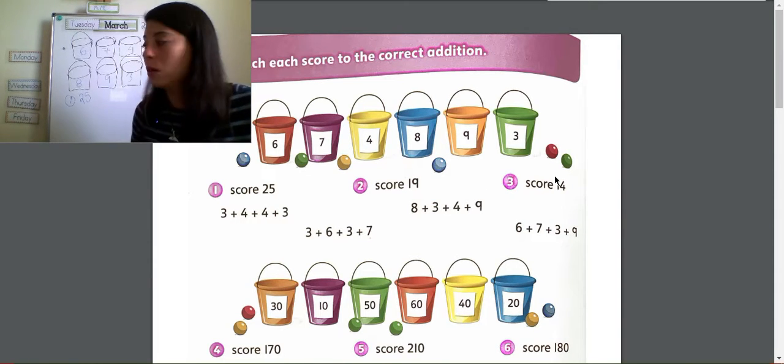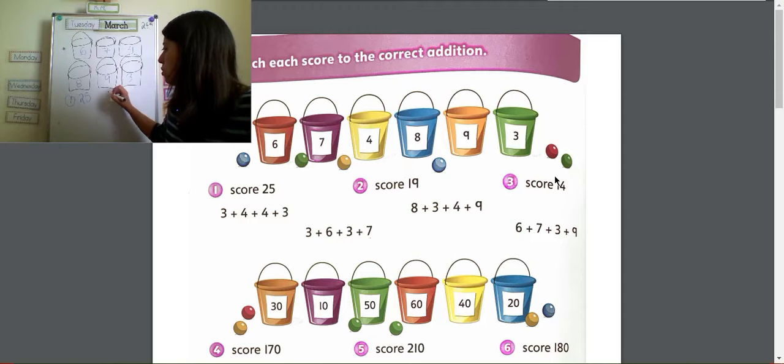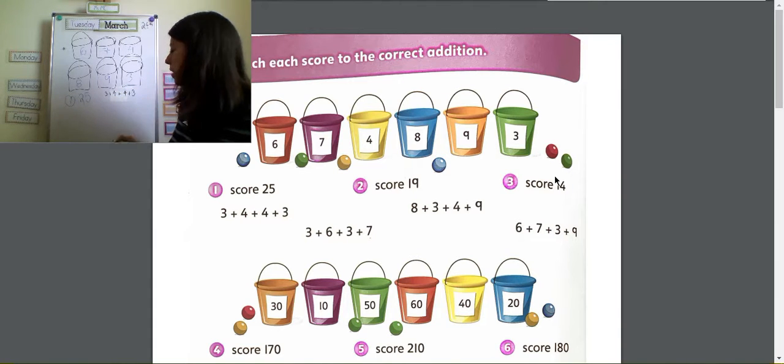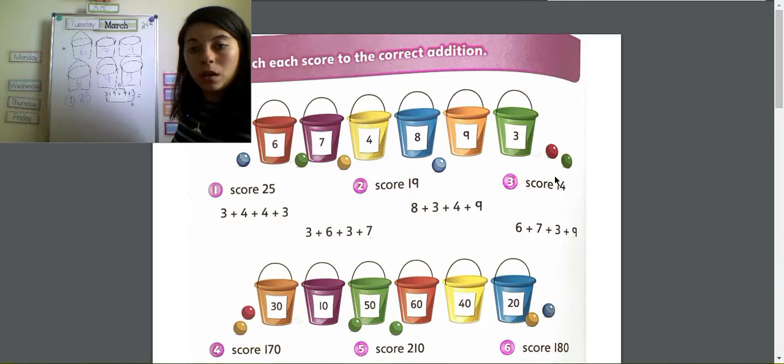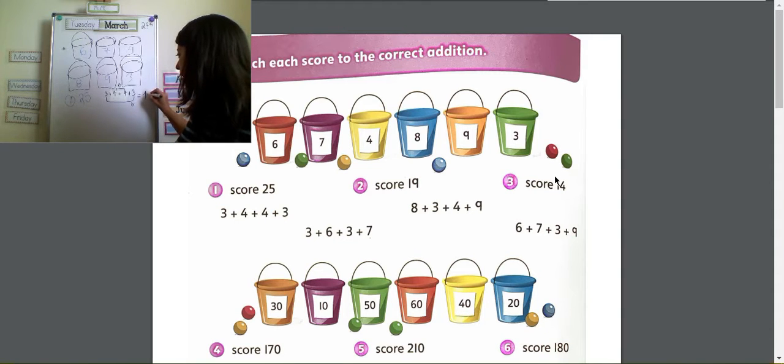So let's do the first one: 3 plus 4 plus 4 plus 3. Now, how do we do this easier? I know that 3 and 3 is 6, and I know that 4 and 4 is 8, and I know that 8 plus 6 equals 14.